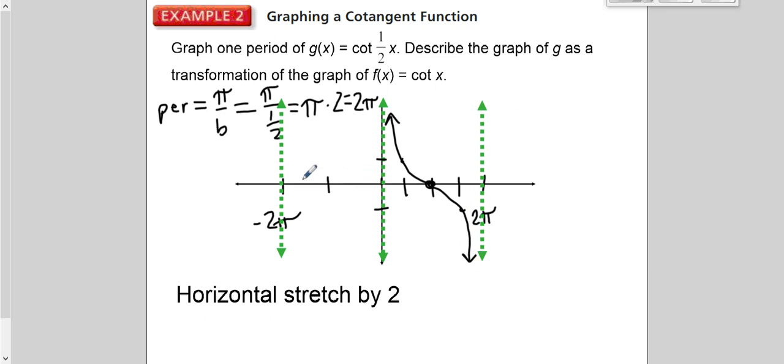And then we do the same thing over here, so we have 2 cycles. And there's our cotangent graph. So the 1/2 changed the period.